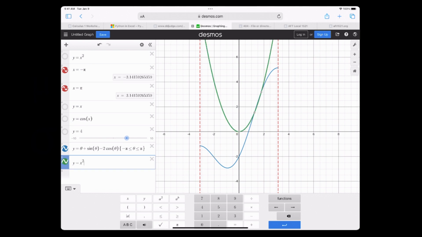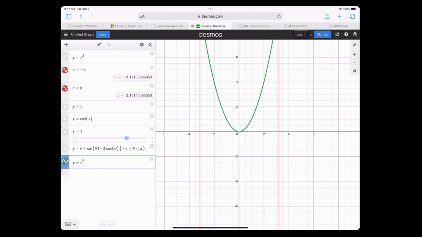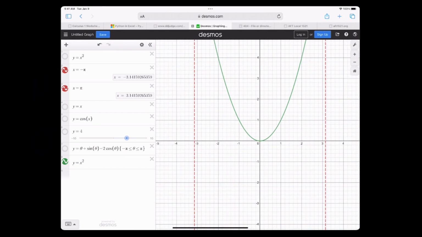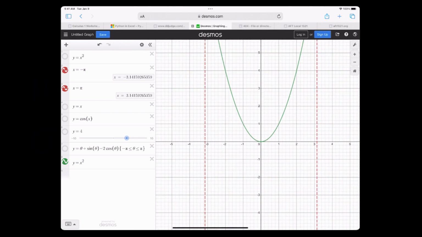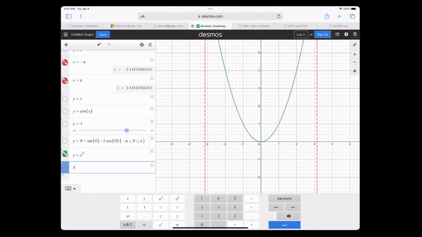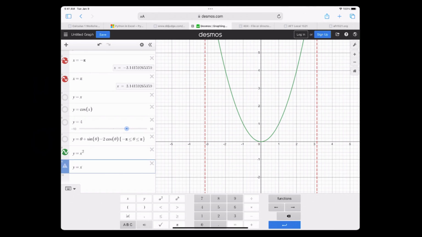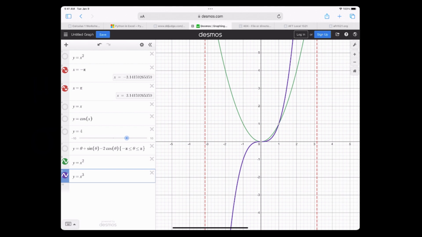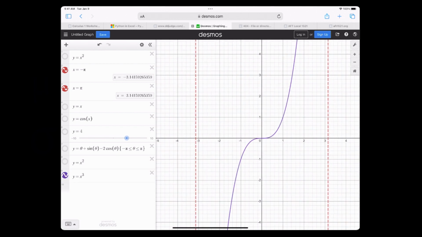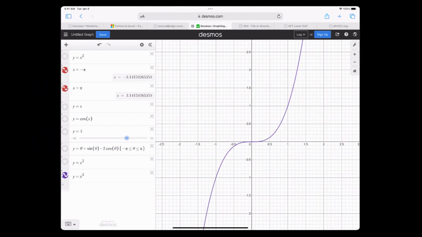An even function is symmetric about the what? The y-axis. An odd function is symmetric about what? It's symmetric about what's called the origin, the x and y axis.